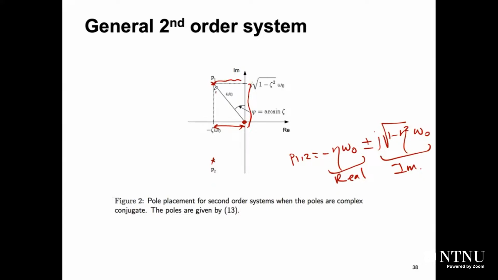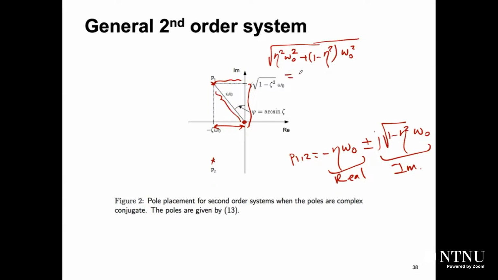So if we need to find the length of that part, it will be the square root of zeta squared omega naught squared plus this one, j squared is minus 1, multiplied by 1 minus zeta squared. So it will be 1 minus zeta squared multiplied by omega naught squared, correct?